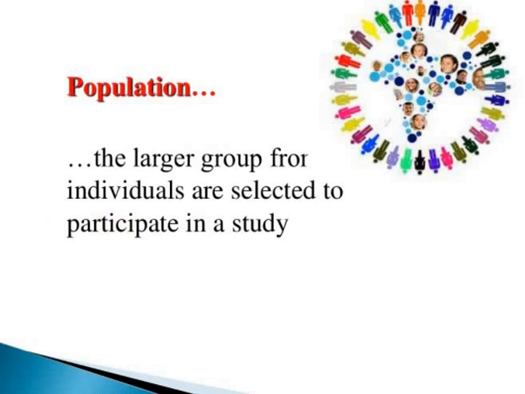Now let's see what population means. From a larger group, we will be selecting different samples. The population is the larger group from which individuals are selected to participate in the study. It is the area from which we are going to select our sample.